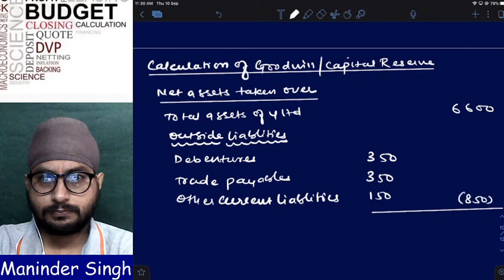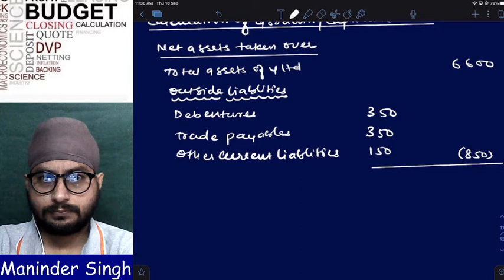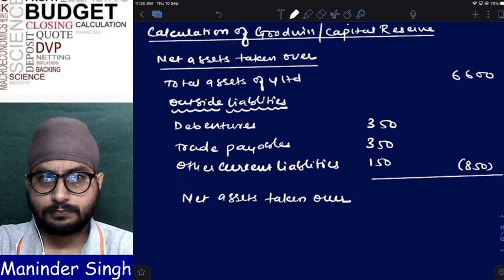Now tell me the net assets taken over. How much are the net assets taken over? 5750.